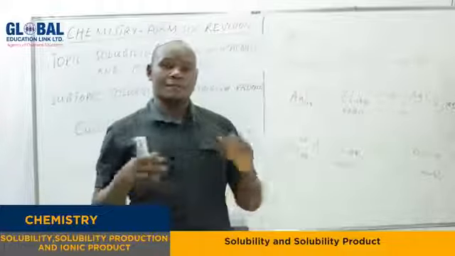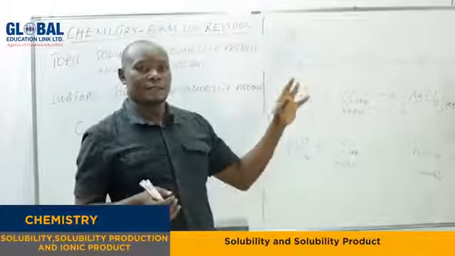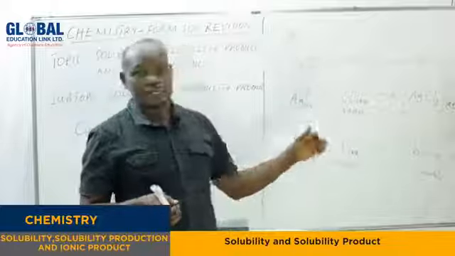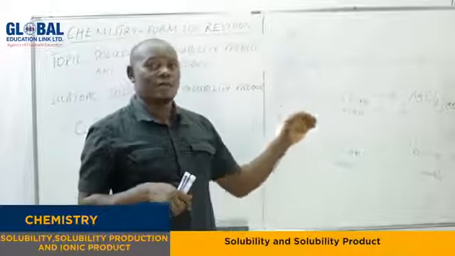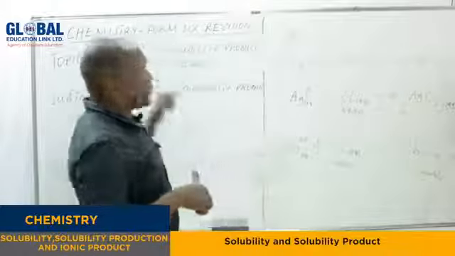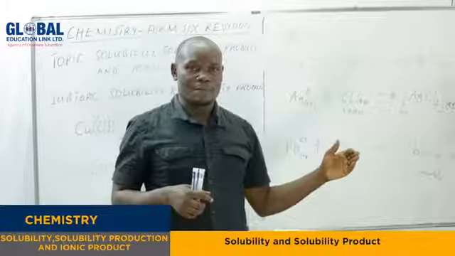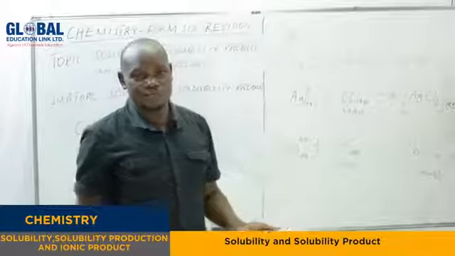So this is the end of our discussion for today. In the next lesson we'll discuss another subtopic, the ionic product, which is another subtopic of our topic. I'm sure you have enjoyed our discussion.